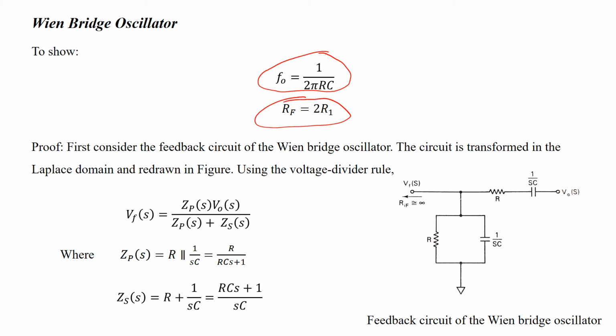So to prove this, we need to consider the feedback circuit of the Wien bridge oscillator. The circuit is transformed into Laplace domain and redrawn in this figure.